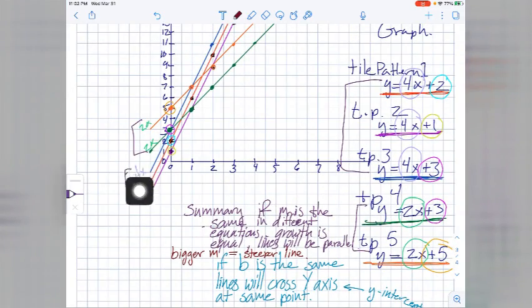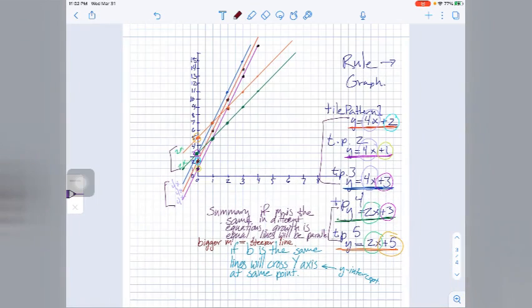So 4x, because 4 is bigger, the line is going to be steeper. What steeper means is it's just growing faster. It's like, how fast is it going uphill? If something's going uphill really quickly, it means you're gaining a lot of ground very fast. If it's going uphill very slowly, then you're gaining ground a little bit slower.